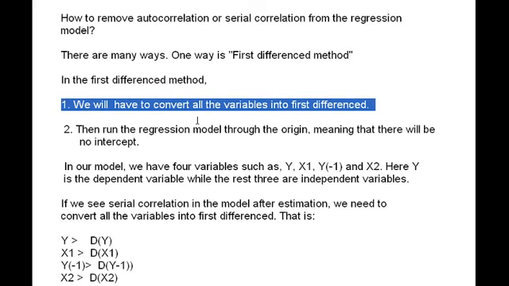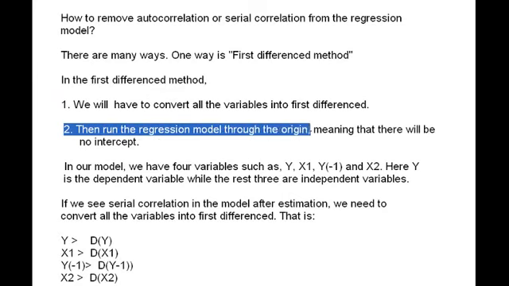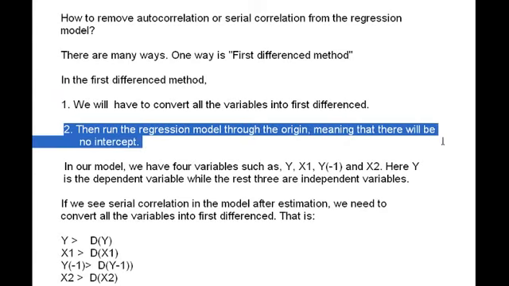And the second step is to run the model through the origin, meaning that there will be no intercept. That means the regression model which is affected by serial correlation should not have any intercept.